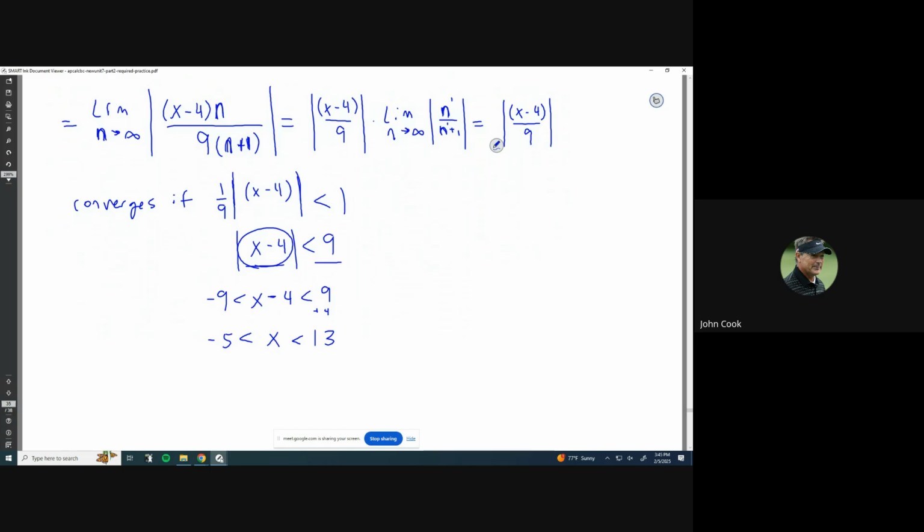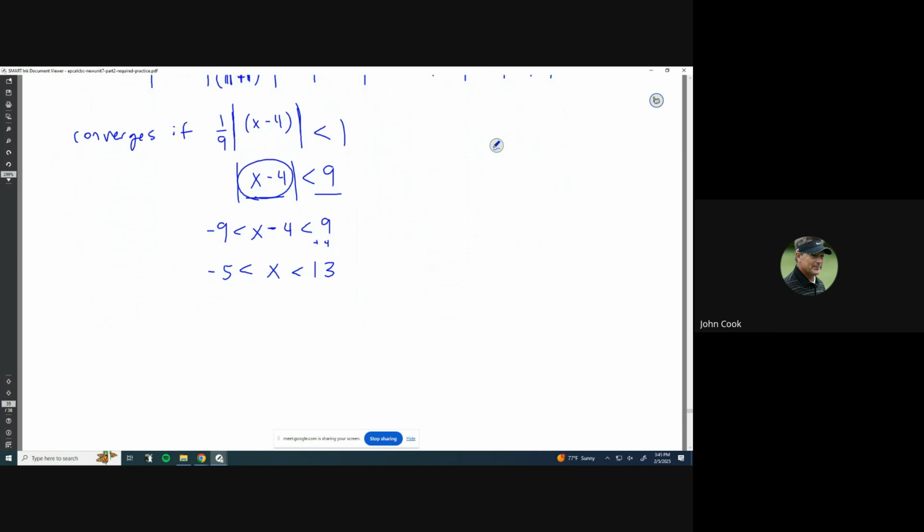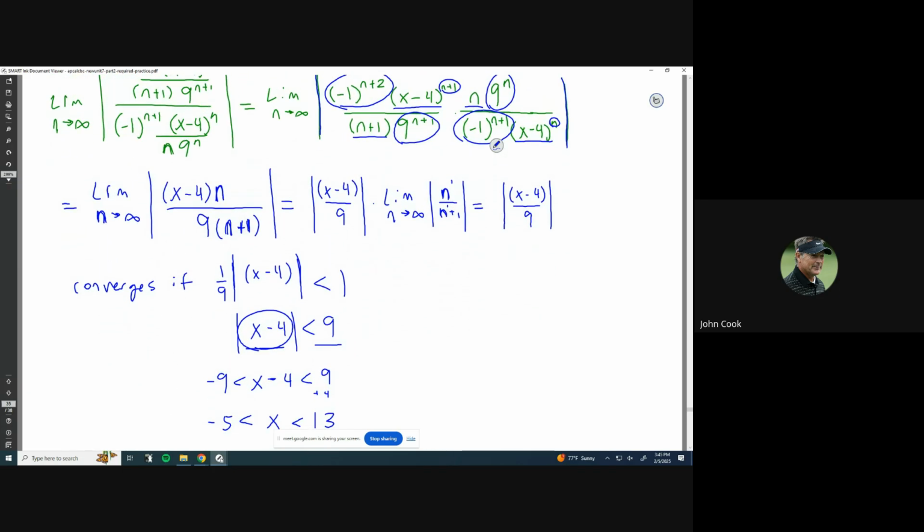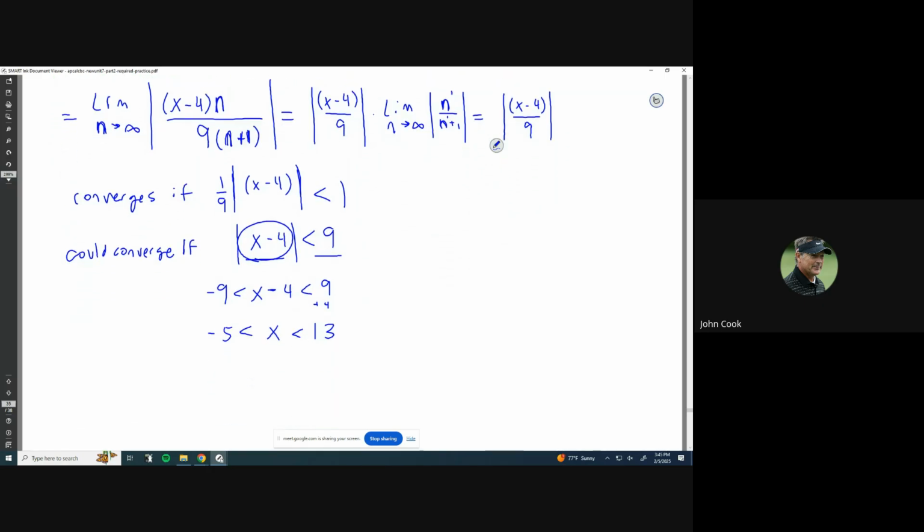But I also got to check and see if that also happens at negative 5 and 13, like if it converges there. So here's the logic behind it. It could converge if this limit that we have, 1 over 9, absolute value of x minus 4, is equal to 1, okay?